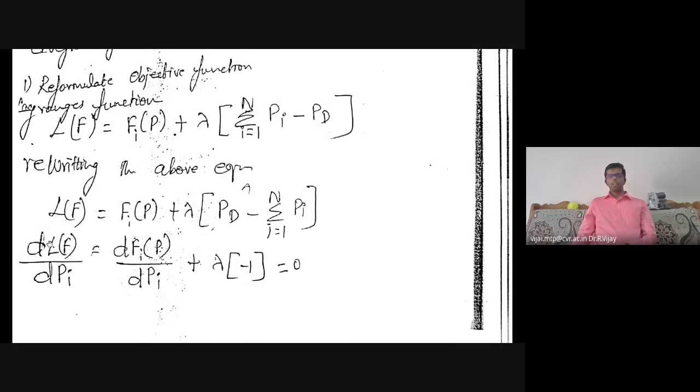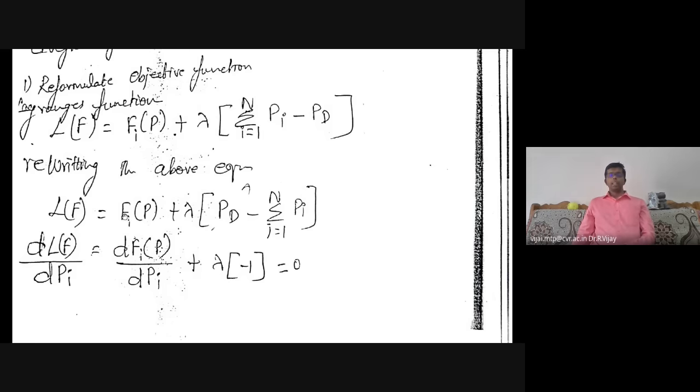So what we are doing is differentiating this Lagrange's function with respect to Pi. While differentiating, this is the f of I into P divided by dpi.